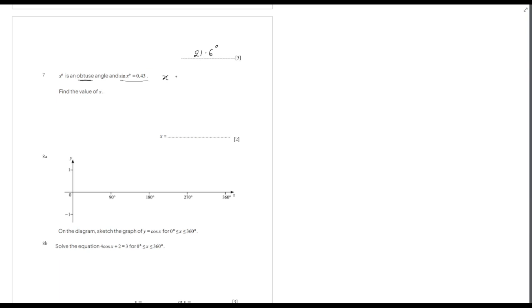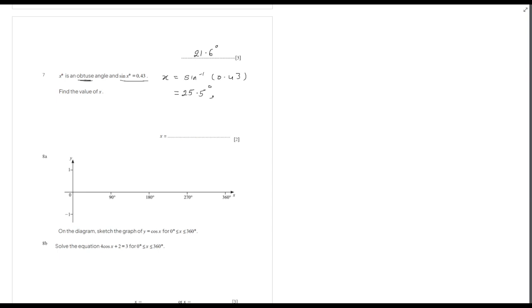So I have x is equal to sine inverse of 0.43. When you take sine inverse of 0.43, you will get x is equal to 25.5. Between 0 and 360 degrees, you have two angles for each trigonometric value.